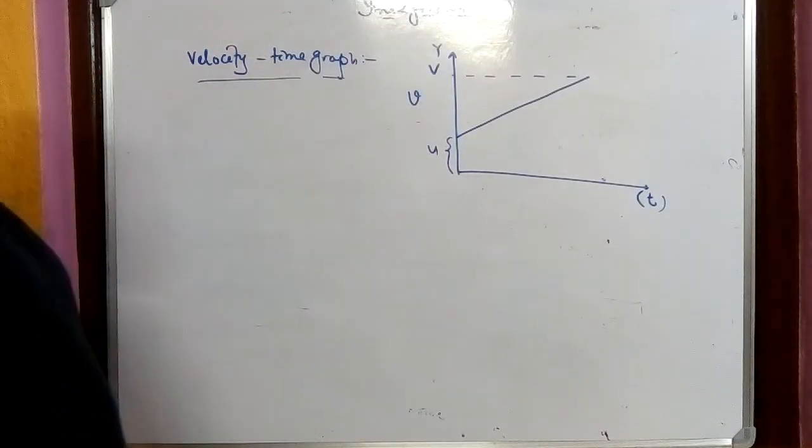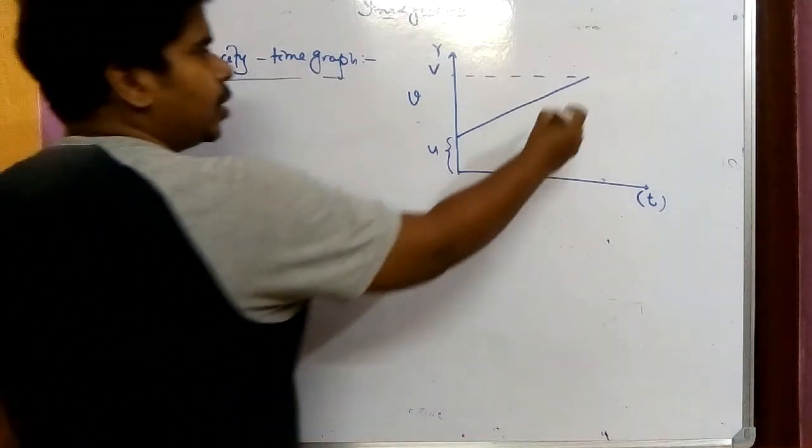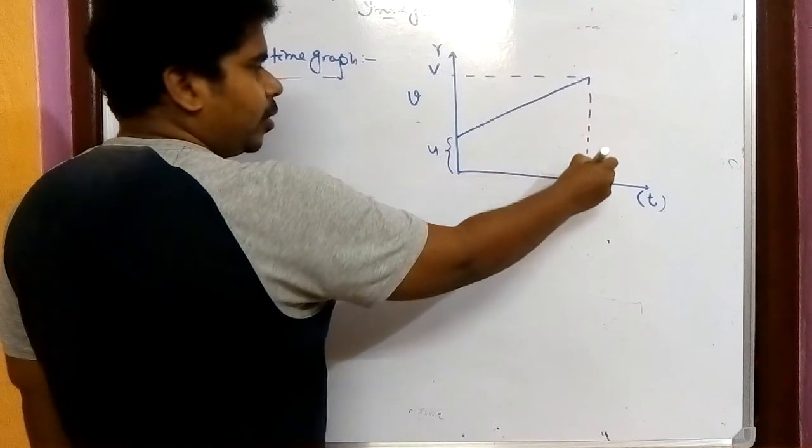If I want to find the distance covered by the body, we draw a straight line from here.